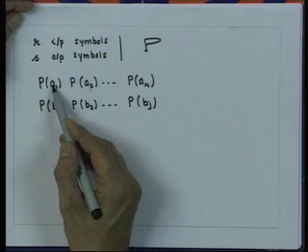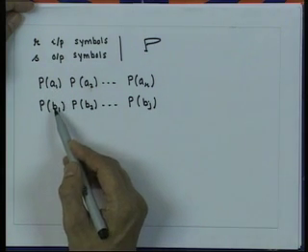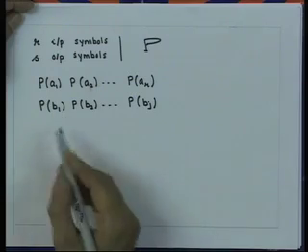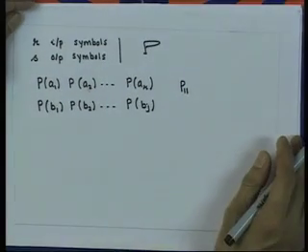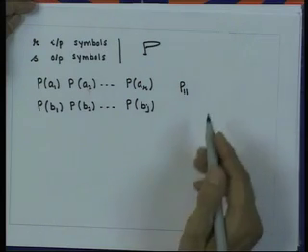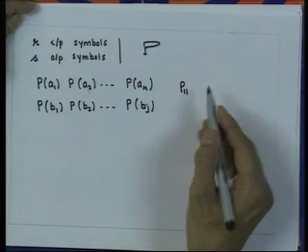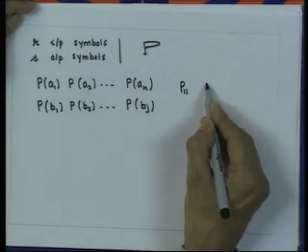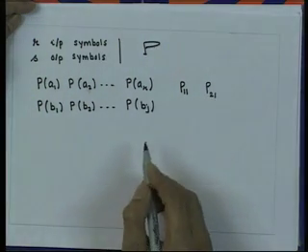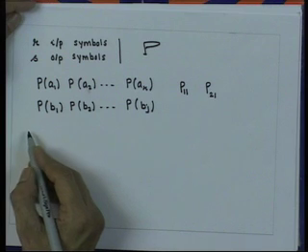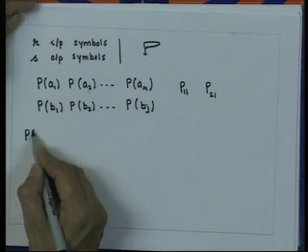So if A1 is sent, B1 will occur with probability P11. If A2 is sent, B1 will occur with probability P21, etc.